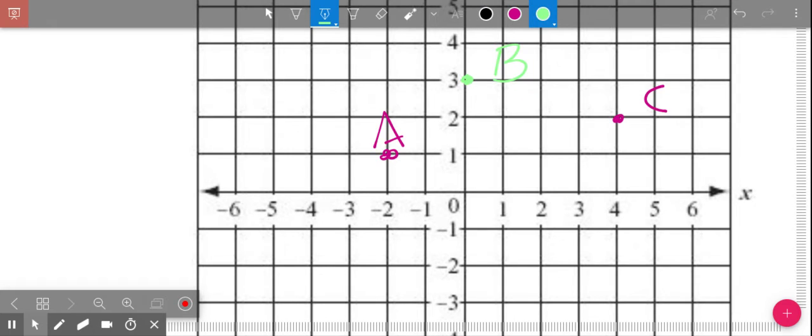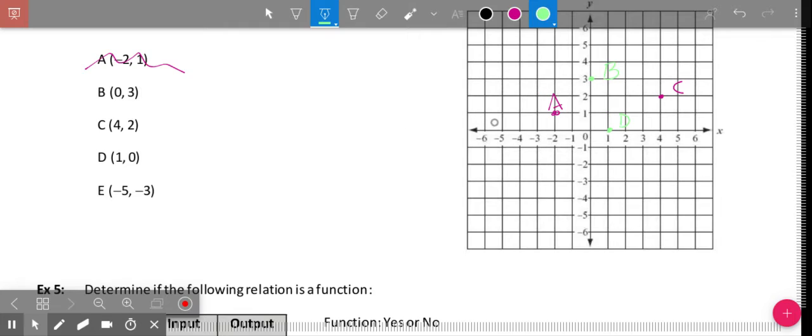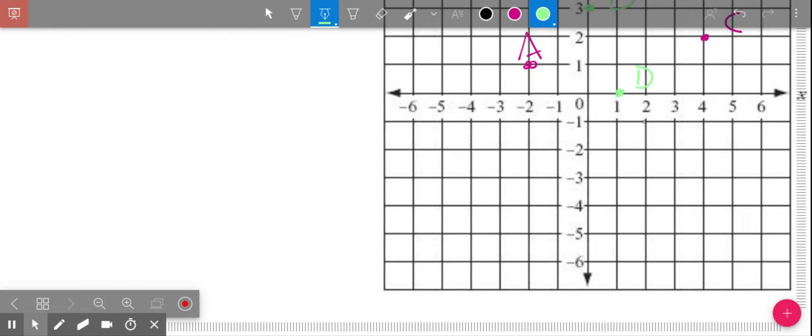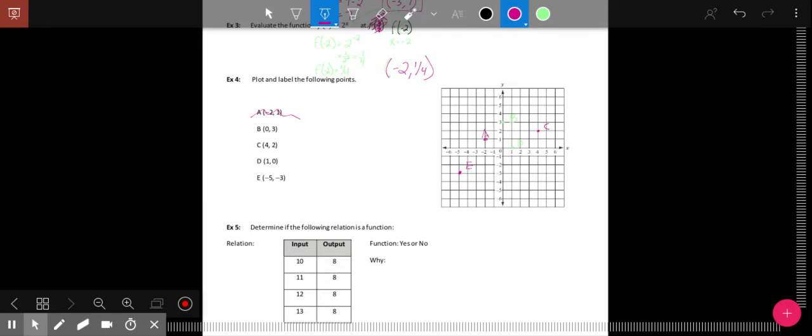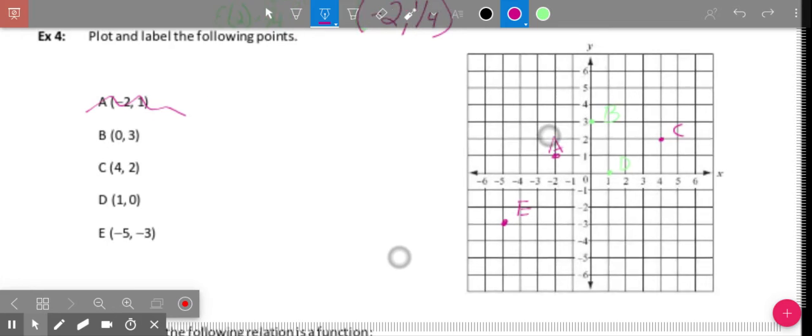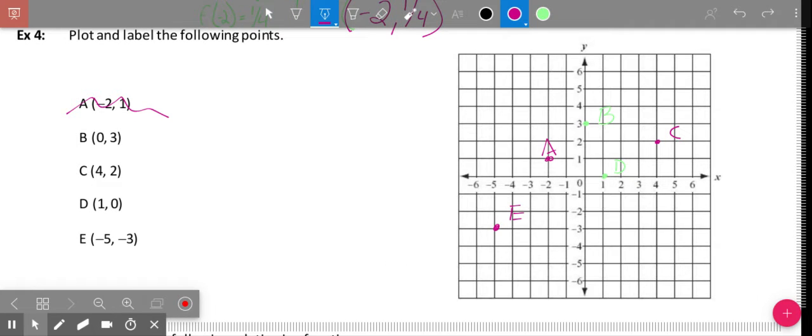So I'm going to go over to 1, but then I don't go up or down since it's 0. So that's point D. And then point E, (-5, -3). So I'm going to go back to -5 and down to -3. And that's going to be point E. All right, if you have questions about plotting points, please make sure you're asking. Okay, so I can help you out on that.